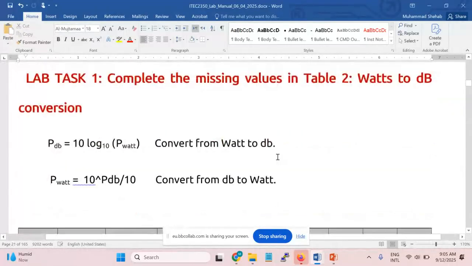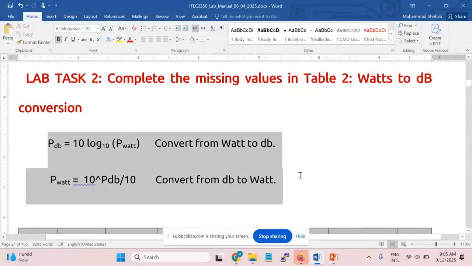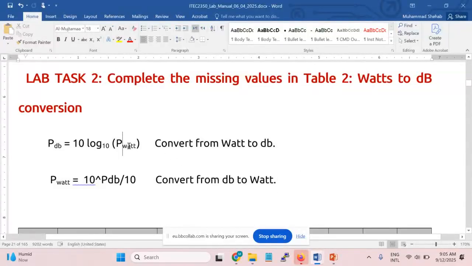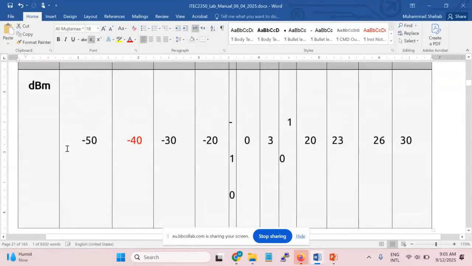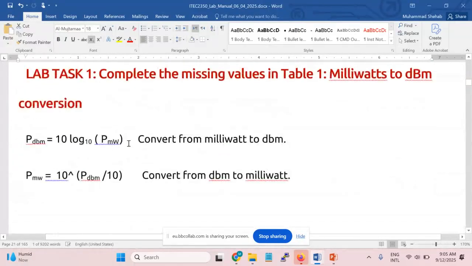Task number two is to convert from watt to dB and from dB to watt. I will use the same formulas, but instead of milliwatt, I will write watt, and instead of dBm, I will write dB. So this became watt and this became dB.